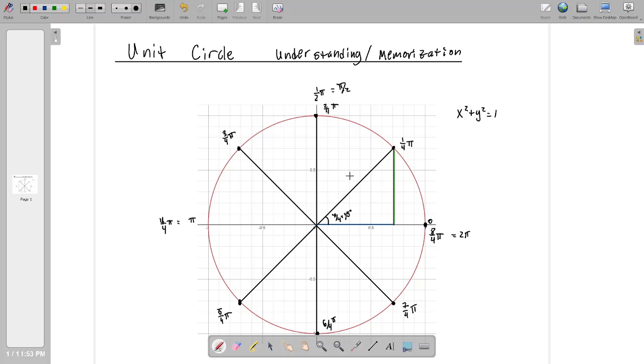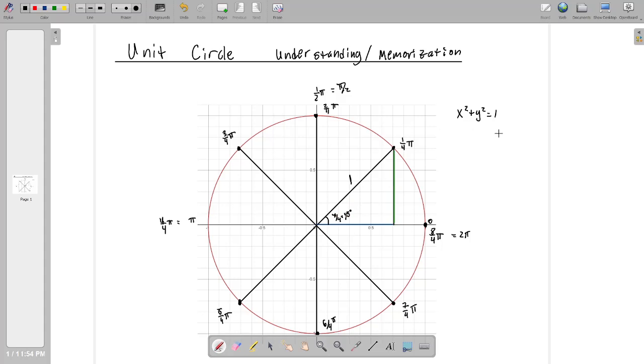First, I need to note that the radius is, of course, 1. Any radius is 1, so every time we draw a line from the center of the circle to the edge of the circle, that length is 1 unit. So the hypotenuse on this triangle is 1. Now, you need to remember what trig ratio draws an equation with this angle, the opposite side, and the hypotenuse.